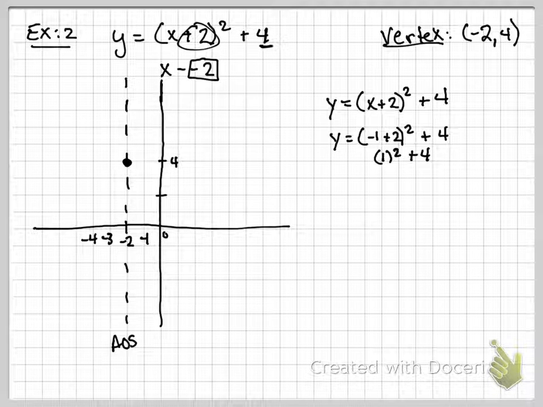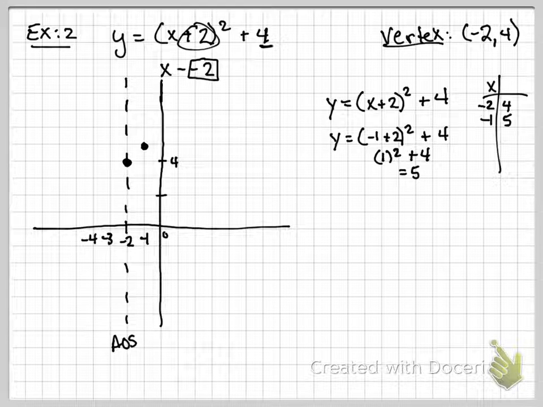That would give you 5. So if we're doing our XY chart here, -2 is 4, -1 is at 5. So -1 is just one above that at 5, which tells me that on the other side at -3, we're also going to have 5.